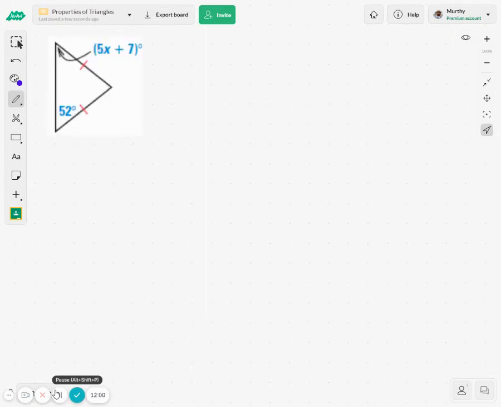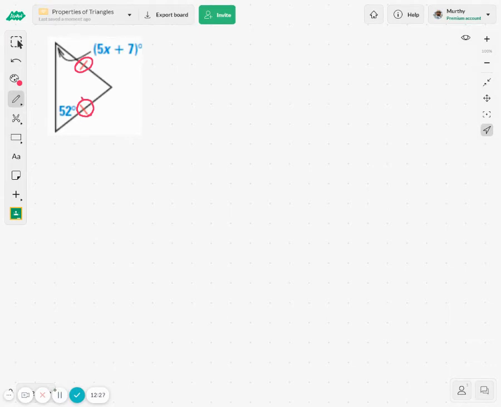Well, in this diagram, this is a little complicated as compared to the previous questions. Here I see that this side and this side are marked as equal. So please look at the symbols.